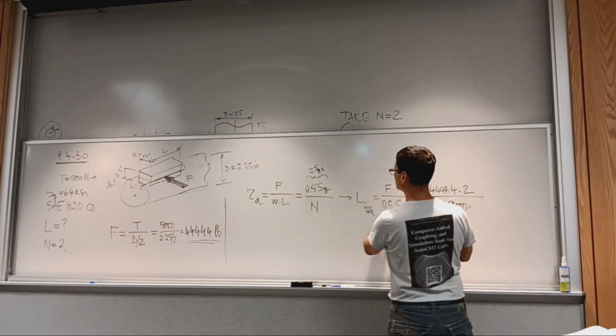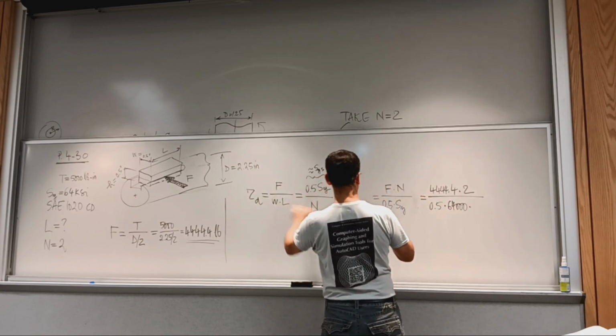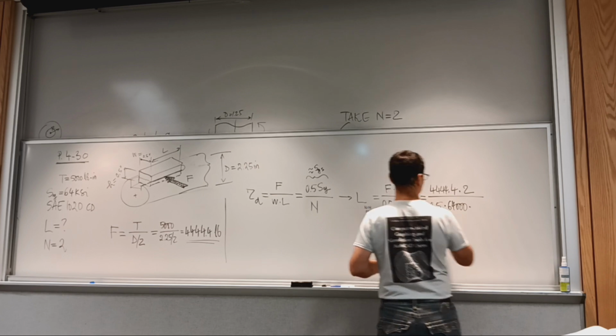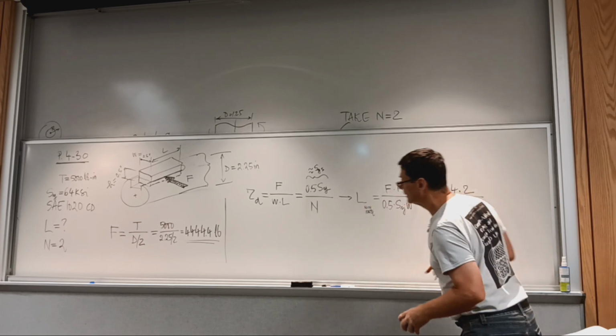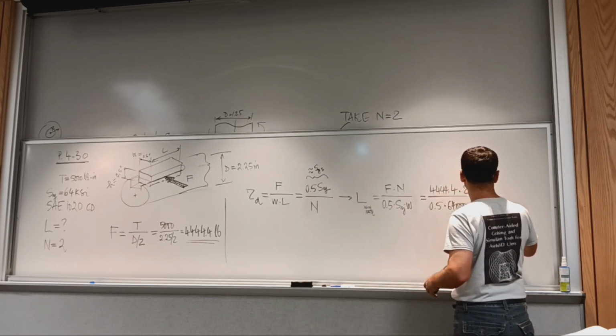So L is F times N over 0.5 SY over W. So F is 4,444 times 2 over 0.5 times the yield strength, 64, we need PSI, so 64 with three zeros. W is, we said, 0.5 inches.